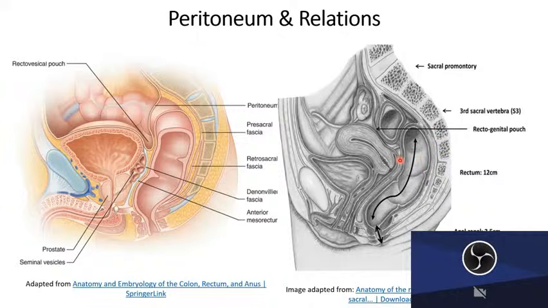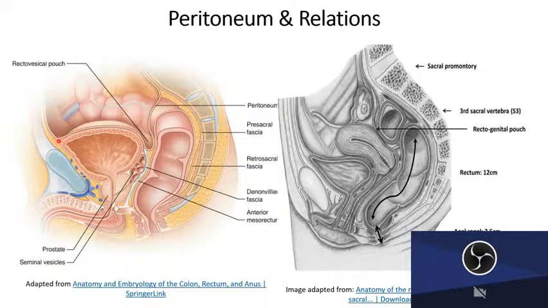At that level, it will take a forward turn towards the anterior aspect, onto the superior surface of the bladder. For the male, you see it's passing to take an anterior turn at this level to run on the superior surface of the bladder.